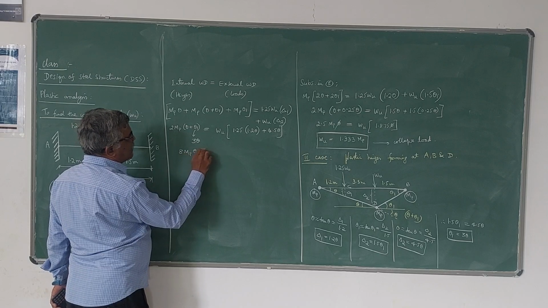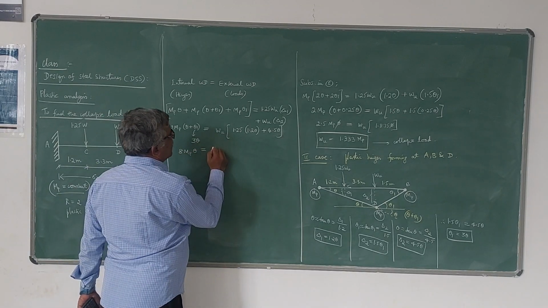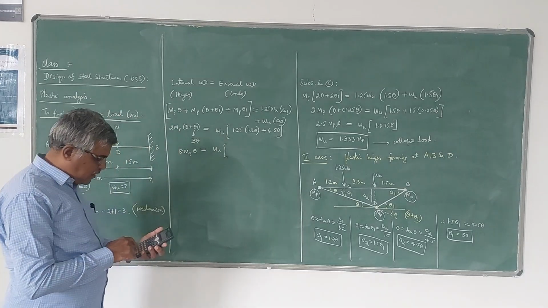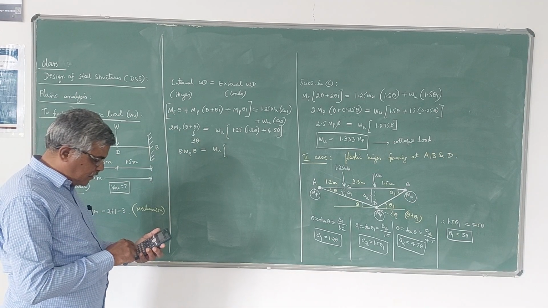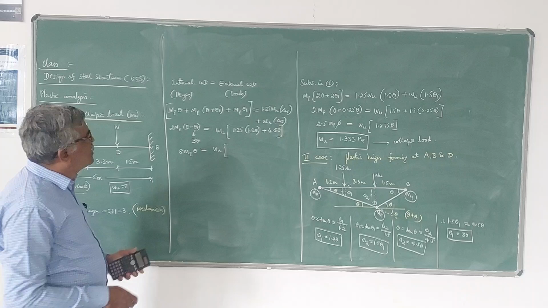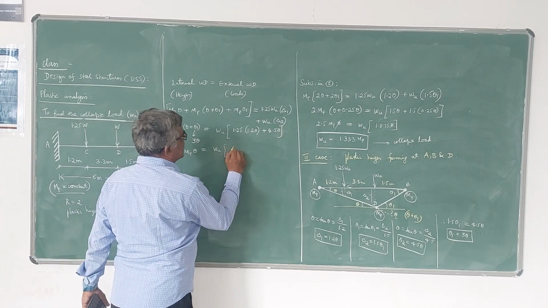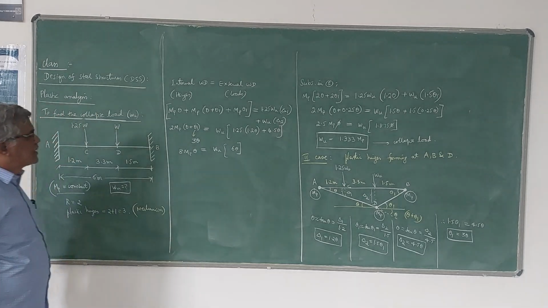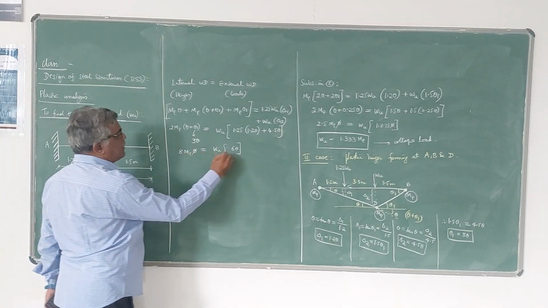8 MP theta is equal to WU into, this is 1.25 into 1.2, which is 1.5, plus 4.5, that is 6 theta. Now we can cancel this theta.